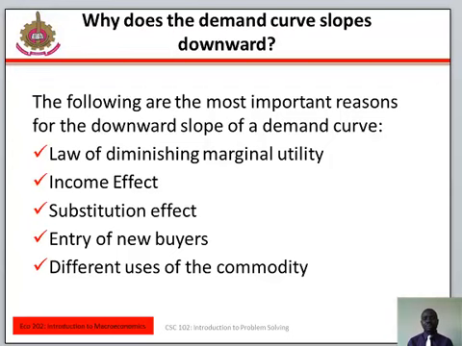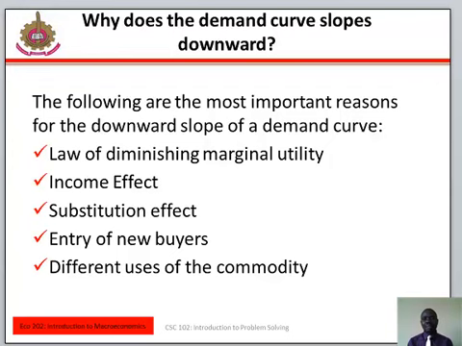The next one is substitution effect. The demand curve slopes downward from left to right also because of the substitution effect. For instance, the price of yam falls and the prices of other substitute goods, let's say sweet potato and cassava, remain constant. Then the household will prefer to purchase yam because it is now relatively cheaper.